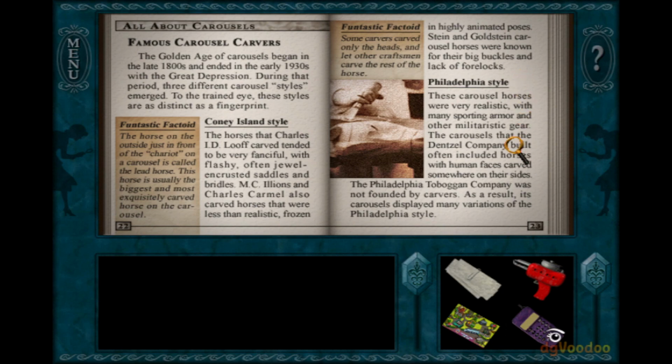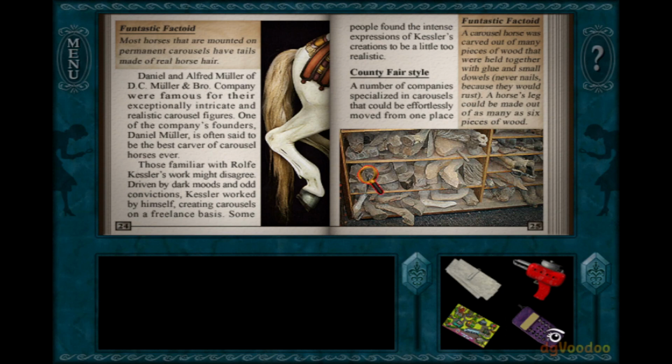The Philadelphia Toboggan Company was not founded by carvers. As a result, its carousels displayed many variations of the Philadelphia style. Most horses that are mounted on permanent carousels have tails made of real horsehair.